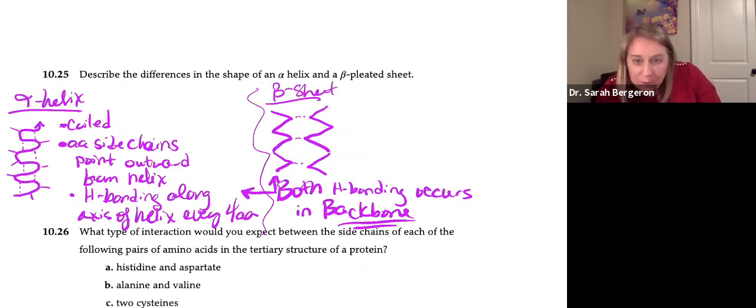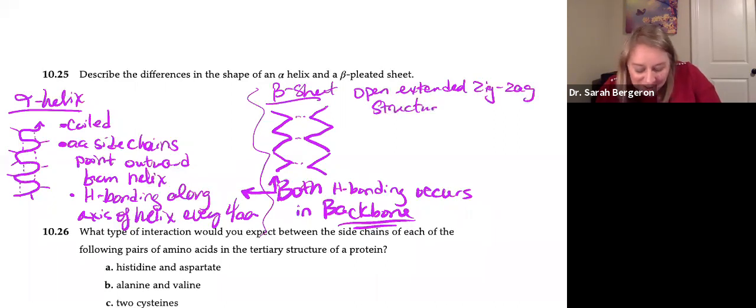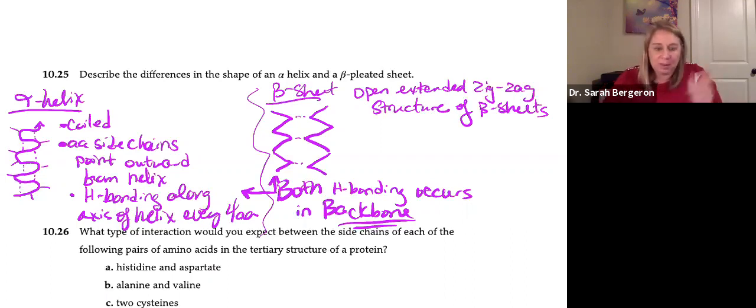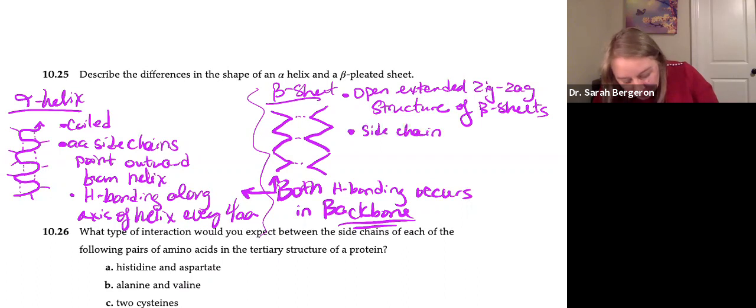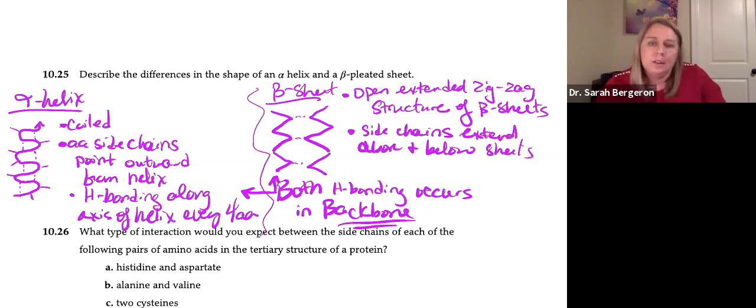We drew it this way. So this is an open, extended zigzag structure. Your amino acid side chains are going to orient, remember, we said you have that zigzag, and then they're going to extend above or below the sheet. So side chains extend above and below sheets. Okay, and I think that gives us our differences between the two.